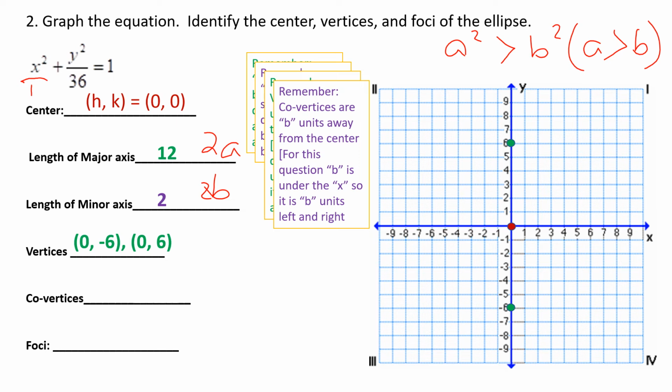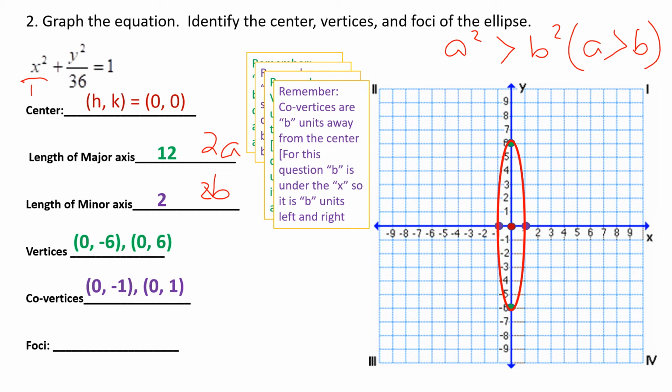The co-vertices are b units from the center. In this case, the minor axis is horizontal, so we count from the center b units, which is 1 unit to the left, 1 unit to the right, and we plot them on the coordinate system. Now, all you need are the vertices and co-vertices to graph.